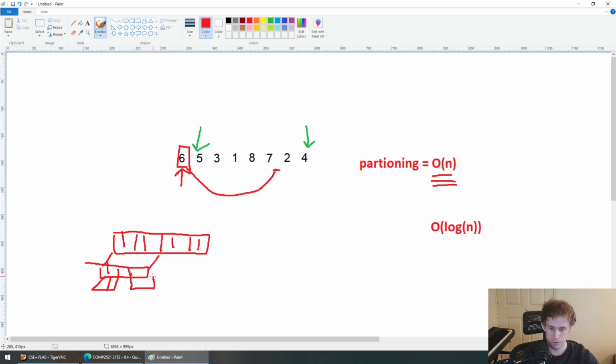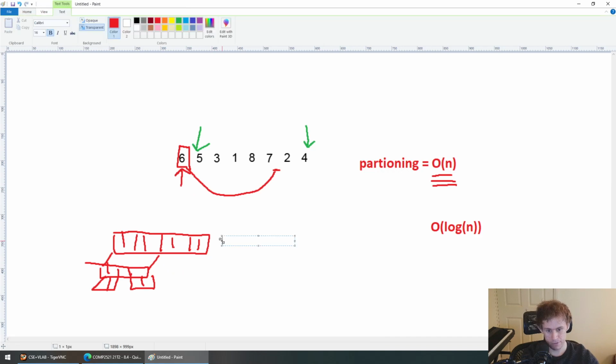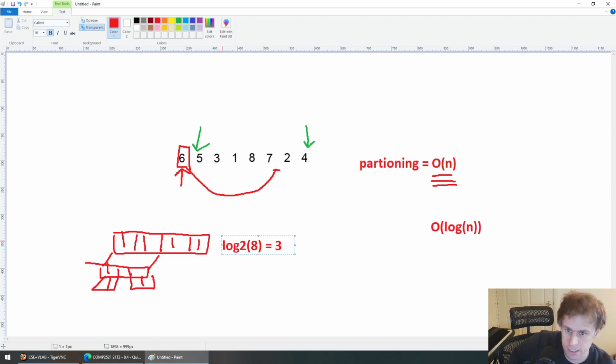If you can get this down, it's just like merge sort. How many steps do you have? Well, if I have 8 items, the number of steps is log base 2 of 8, which equals 3.